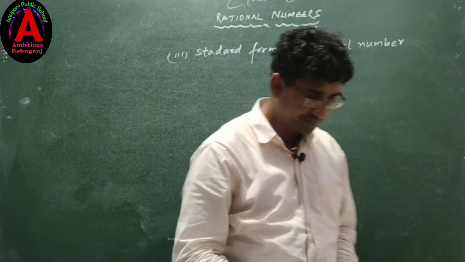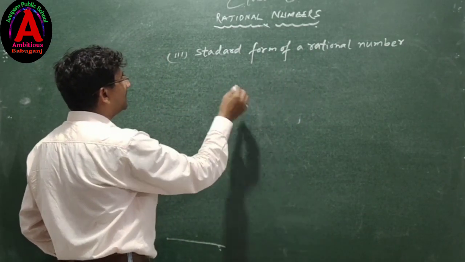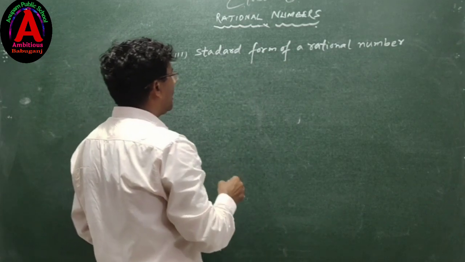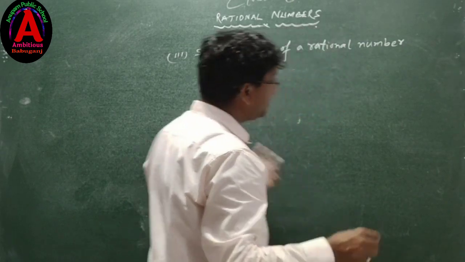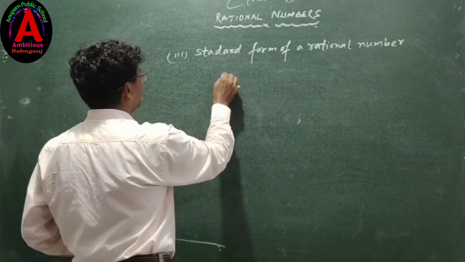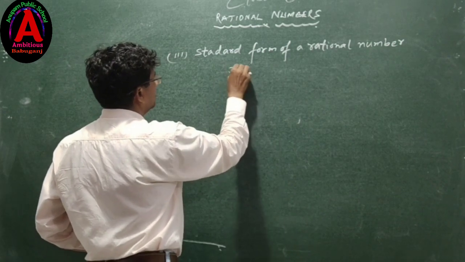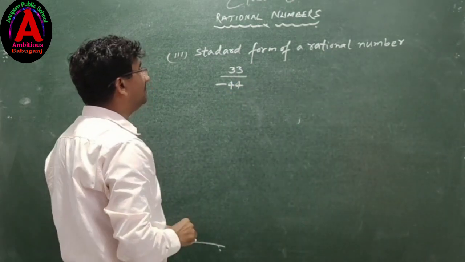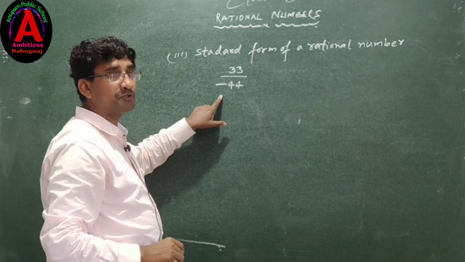As an example, we have to express 33 by minus 44 in standard form. I told you the denominator should not be negative, it should be positive.